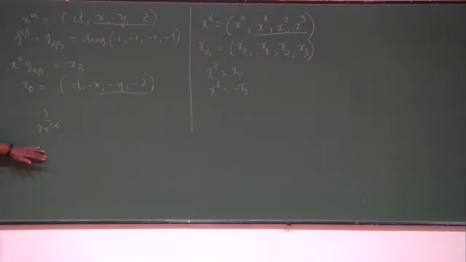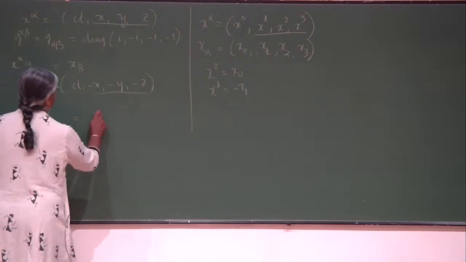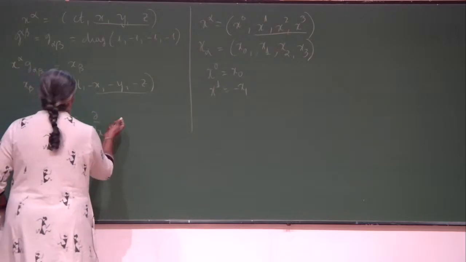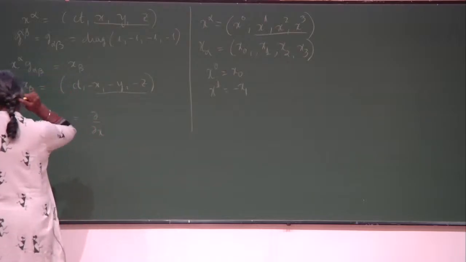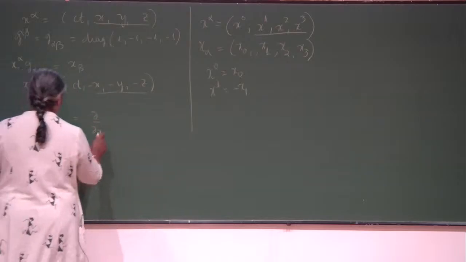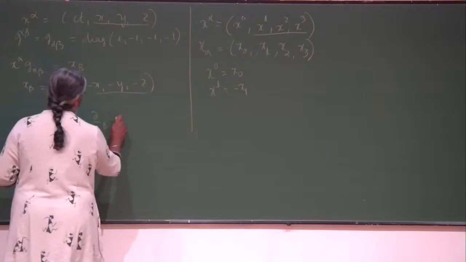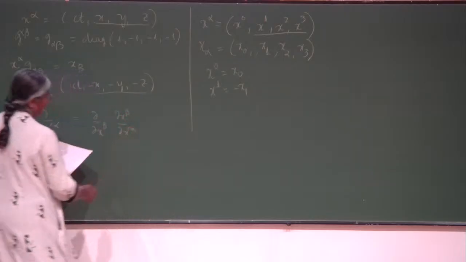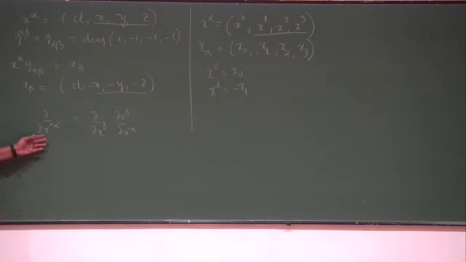I am not doing a Lorentz transformation here, but I want to simply rewrite this derivative in terms of d by dx, not d by dx prime, using the chain rule. So how will I do it? This will be equal to d by dx, what index will I use? Let's call it beta, because I don't know that it will be the same, times dx beta by dx prime alpha. It is exactly like d by dt prime is d by dt into dt by dt prime.